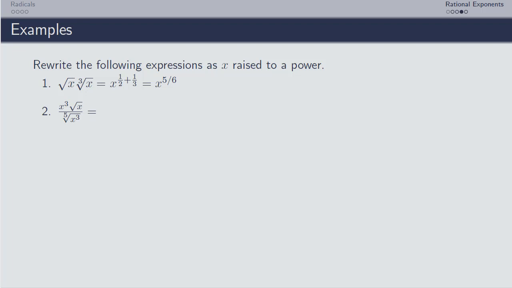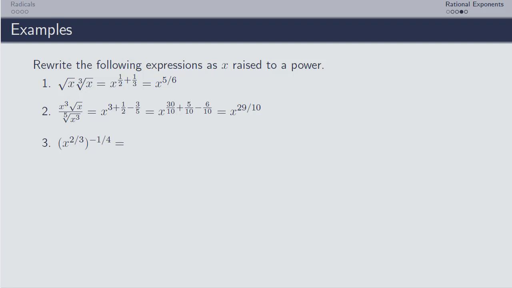And then here I've got x cubed times the square root of x divided by the 5th root of x cubed. All those bases are the same, so I'm going to write this as x to the power 3 plus 1/2, the plus 1/2 being for the square root of x, and then minus 3/5.